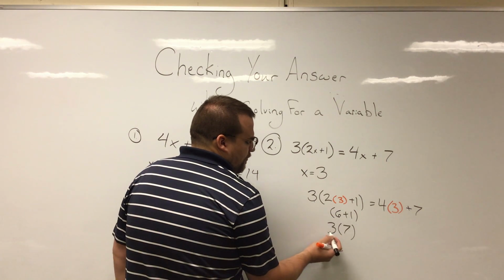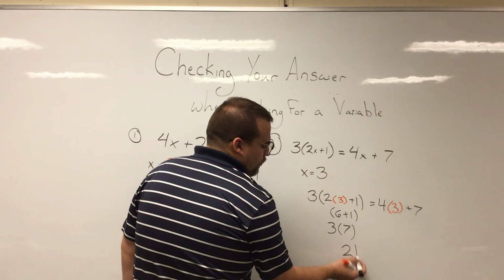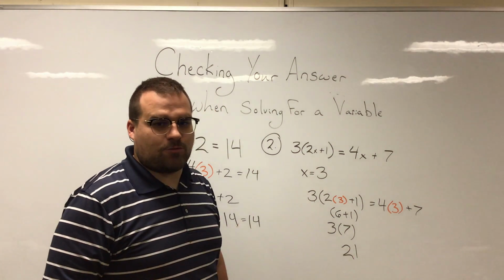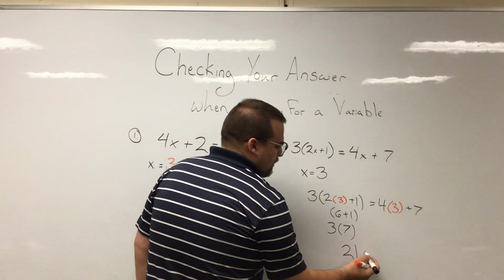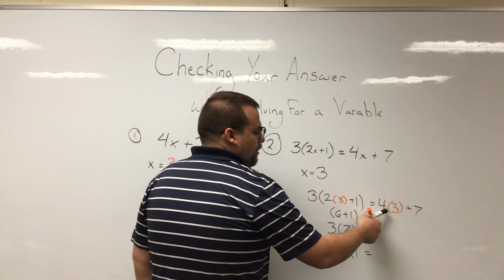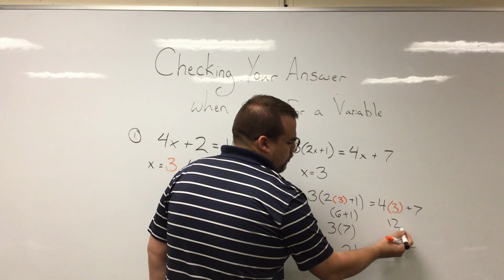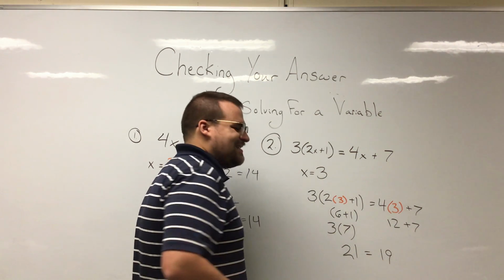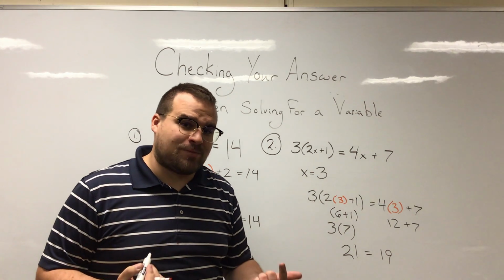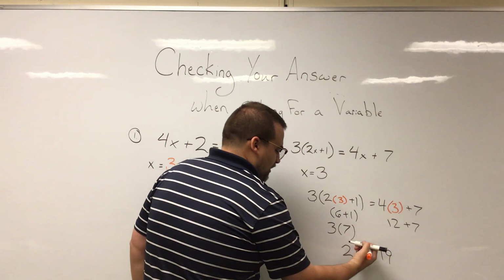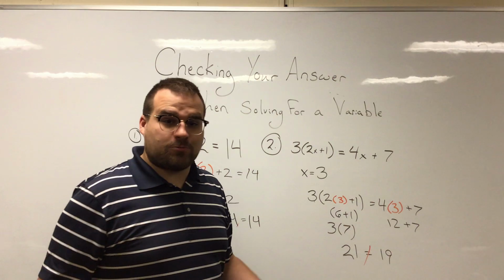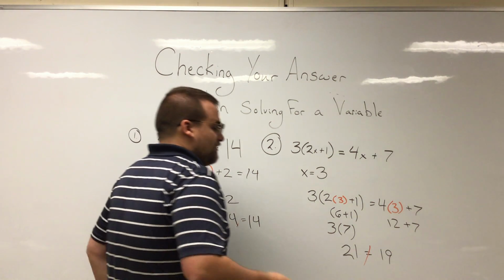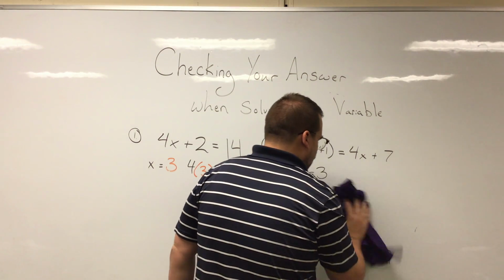So ultimately we have 3 times 7, or 21, on the left side of the equation. Let's take a look at our right side now. 4 times 3, that's 12. And 12 plus 7, that's 19. Do those equal the same number? No. So our number was wrong. 3 didn't work out for us.